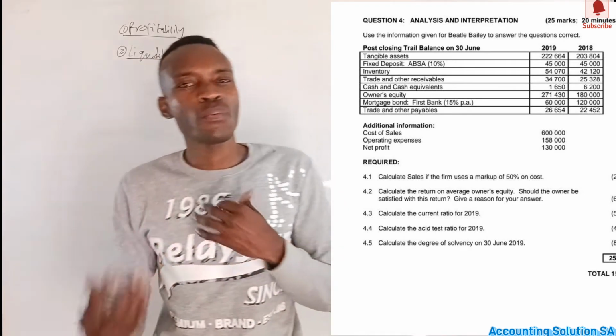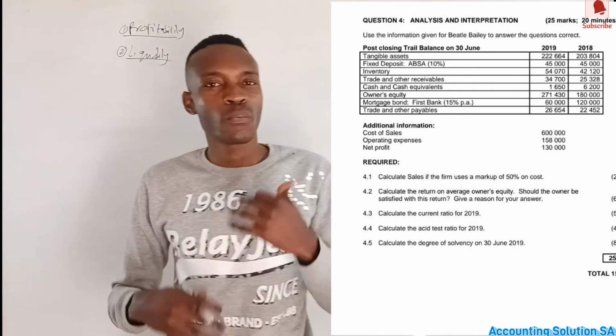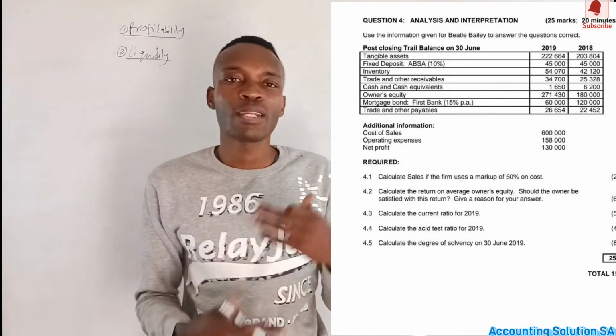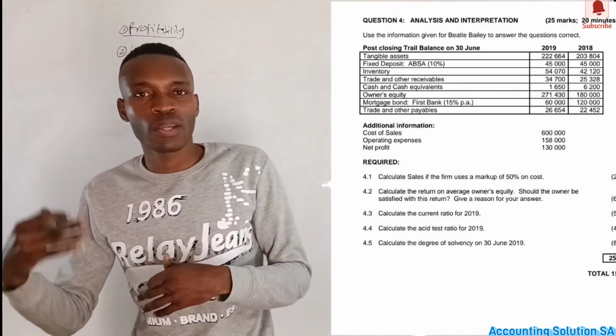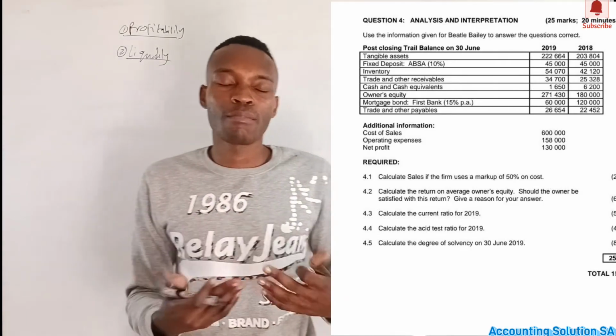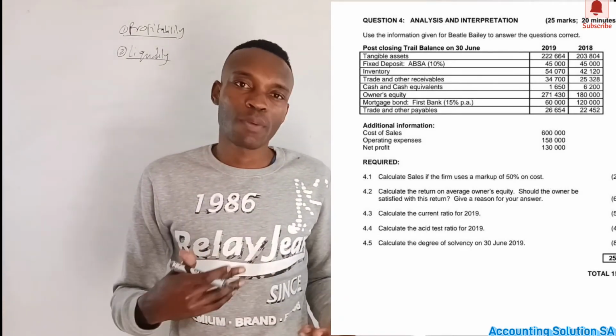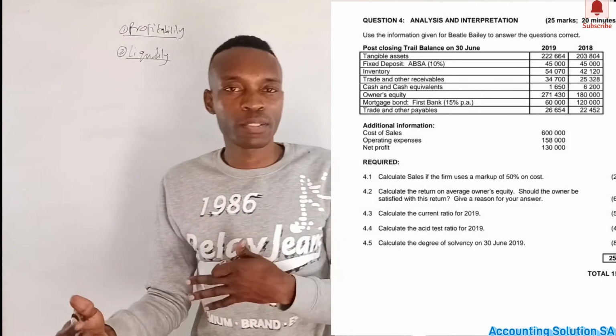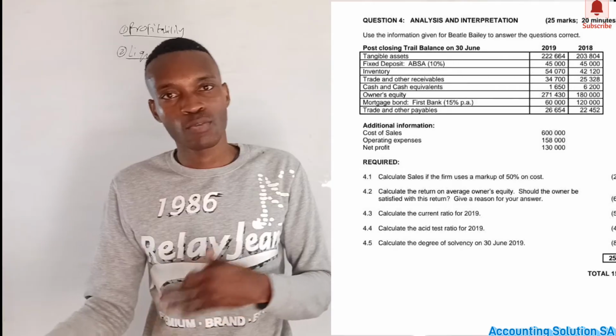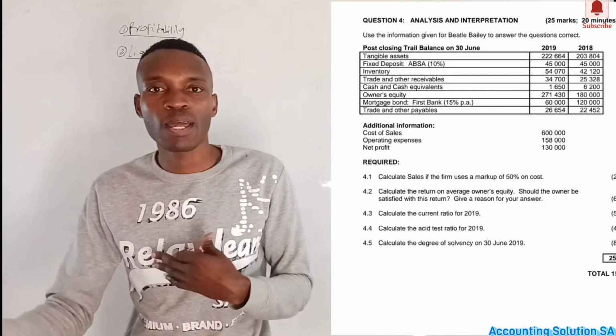All right, so when we analyze liquidity ratios, we actually want to see if the company will be able to settle short-term liabilities. Remember, as a company, not everything that we purchase is in terms of cash. Some of the items we purchase on credit, which means that we borrow from our supplier.